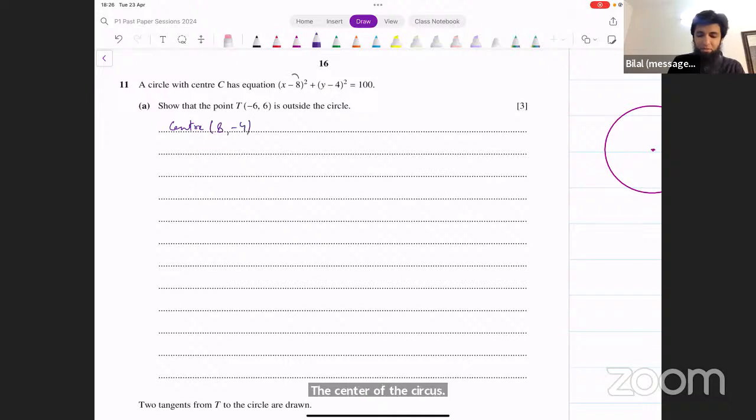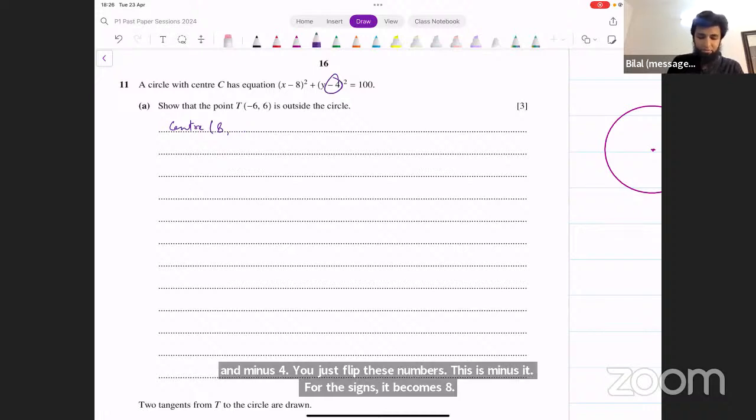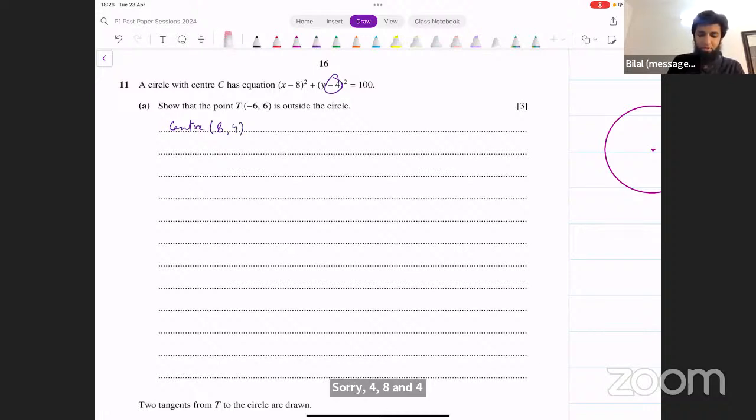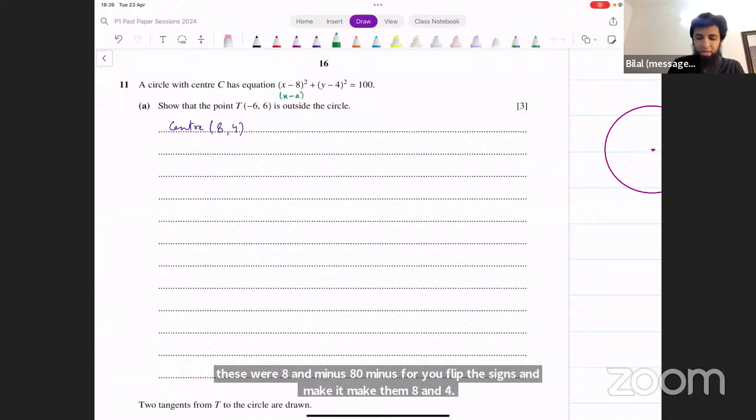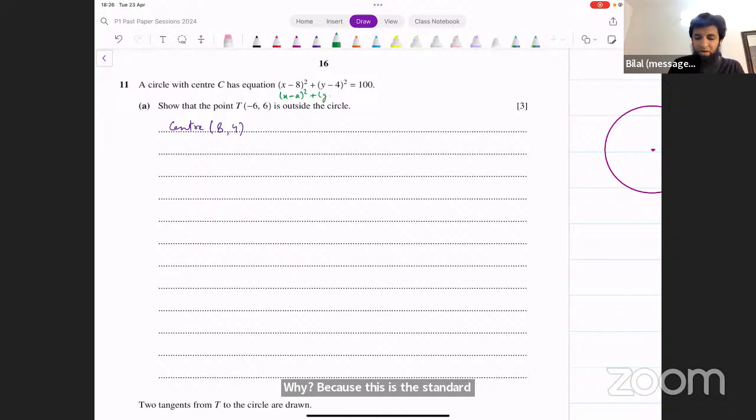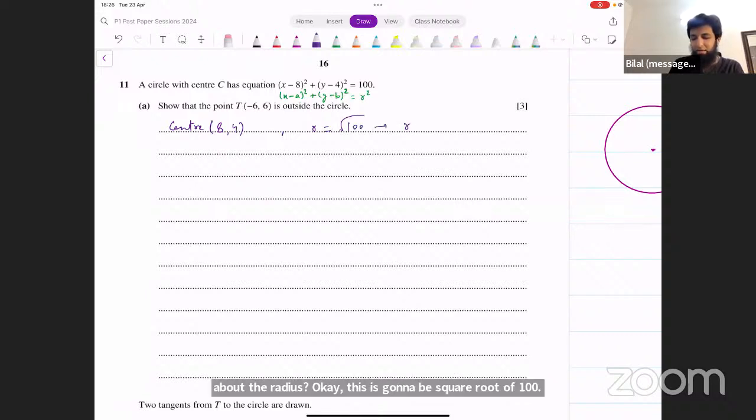You just flip the signs of these numbers. These were minus 8 and minus 4. You flip their signs and make them 8 and 4. Why? Because this is the standard form, x minus a whole squared plus y minus b whole squared equals r squared. What about the radius? The radius is going to be the square root of 100, which is 10. So we know the center and we know the radius.